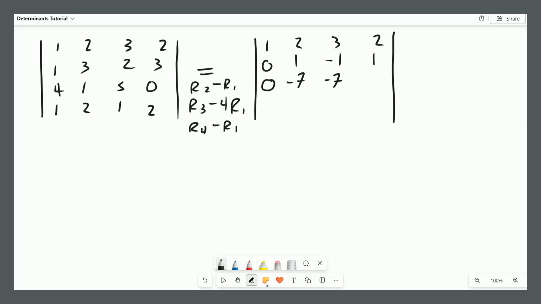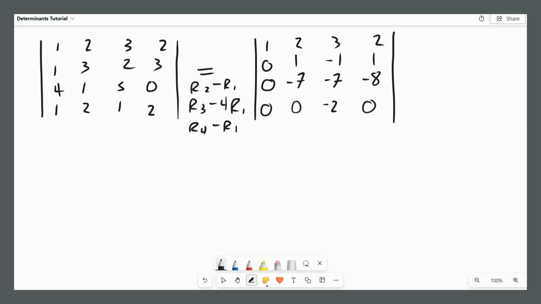And 0 minus 8 is -8. Then we have 1 minus 1, 2 minus 2, 1 minus 3, and 2 minus 2.